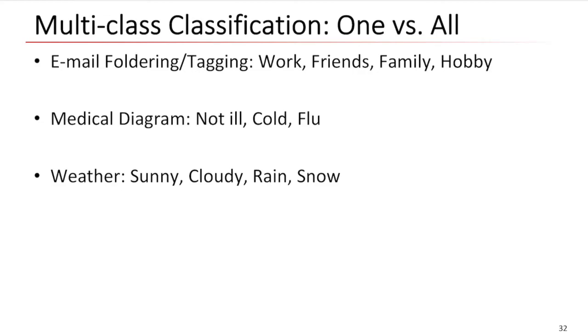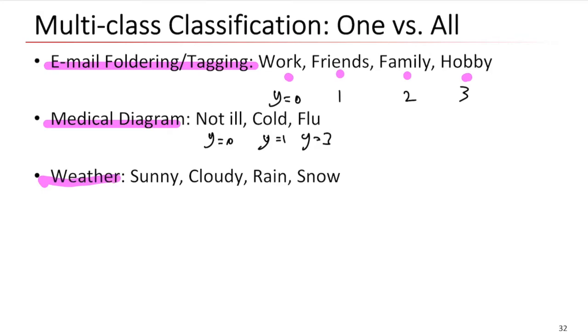There are several kinds of problem settings for multi-class classification, such as email foldering or tagging, like work, friends, family, hobby, which could be class 0, 1, 2, 3, or medical diagnosis. Another example is weather classification, like sunny, cloudy, rain, snowy. There are several kinds of multi-class classification problems, right?